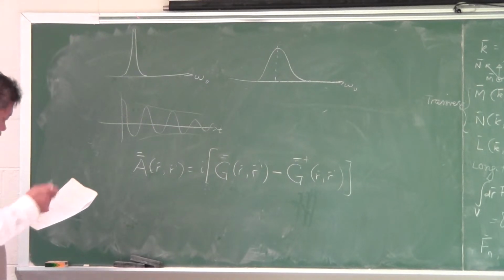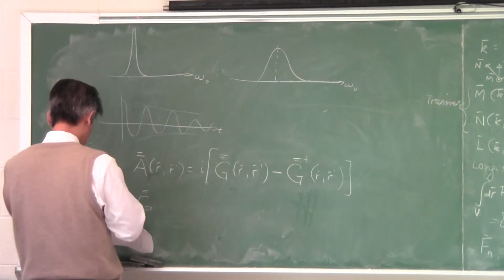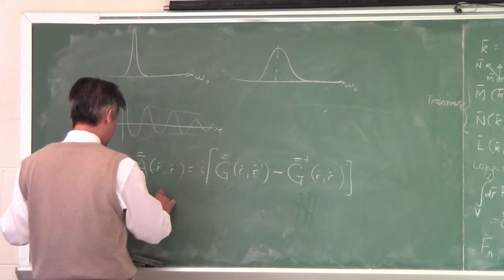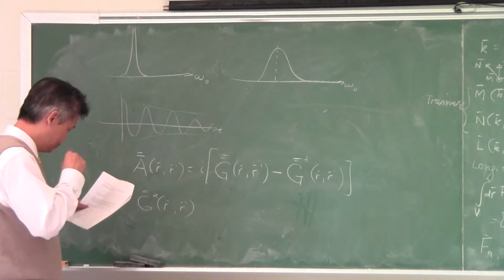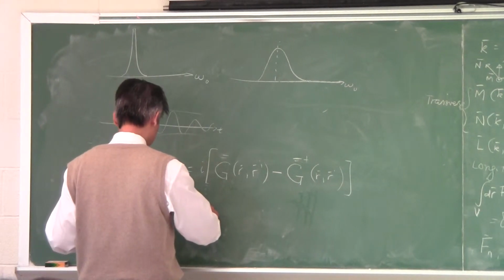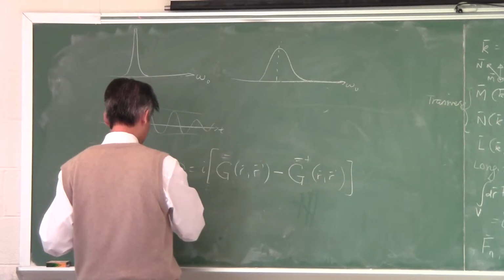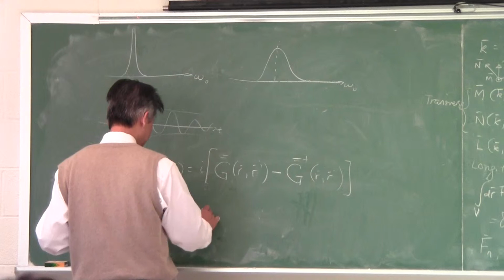So you can prove that the complex conjugation of the dyadic Green's function is equal to this. I think we learned this in our course, right?